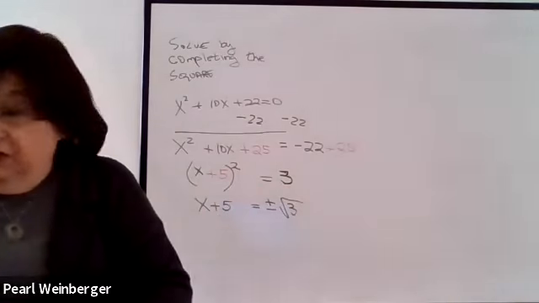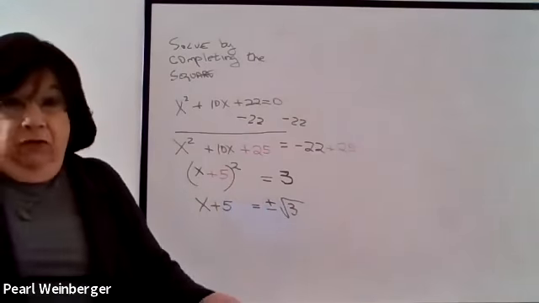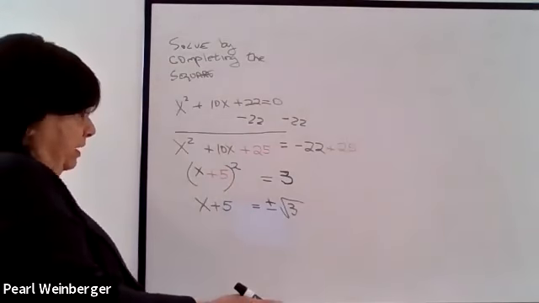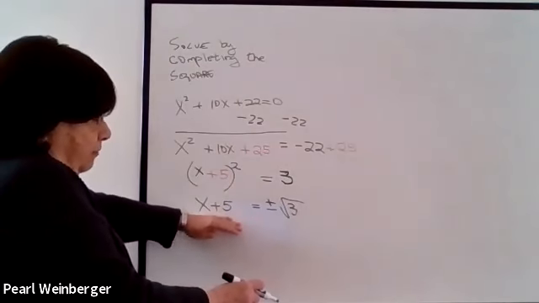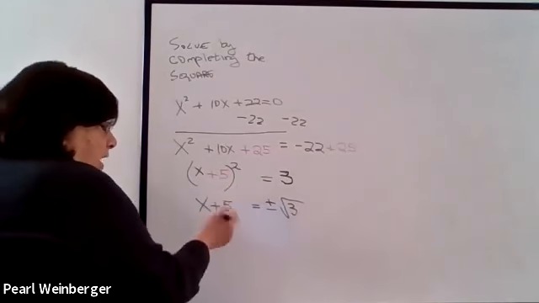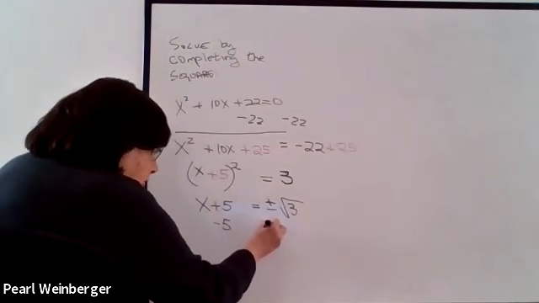If I can simplify that square root, then of course I do it, but the square root of 3 can't be simplified any further. But I'm still not finished because I want to get what x is. So I have to bring this 5 over here to the other side. So I'm going to subtract 5 from both sides.